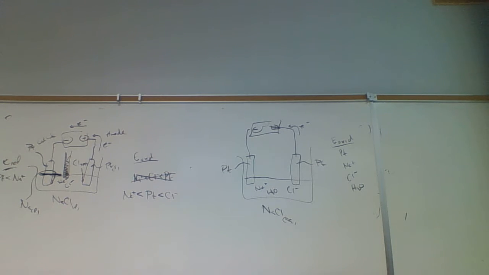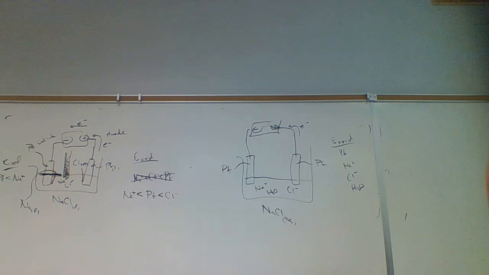Lithium metal. What's the oxidation potential of lithium metal? Lithium metal's oxidation potential is plus 3.05 volts, right? Because oxidation is going backwards here. So plus 3 volts for lithium. And so let's go down the list, or up the list in this case.